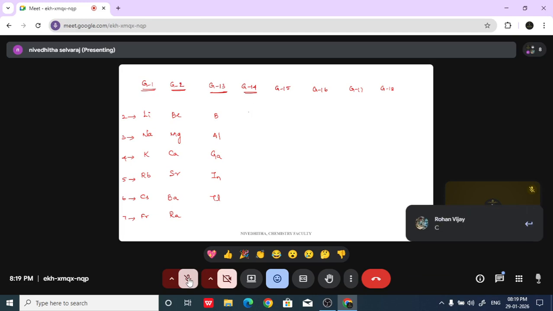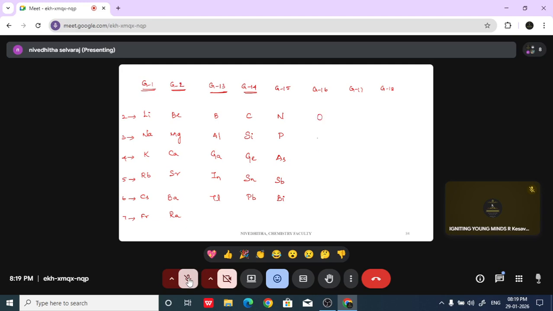Carbon. Silicon, germanium, tin, lead, nitrogen, phosphorus, arsenic, antimony, bismuth, oxygen, sulfur, selenium, tellurium, polonium.